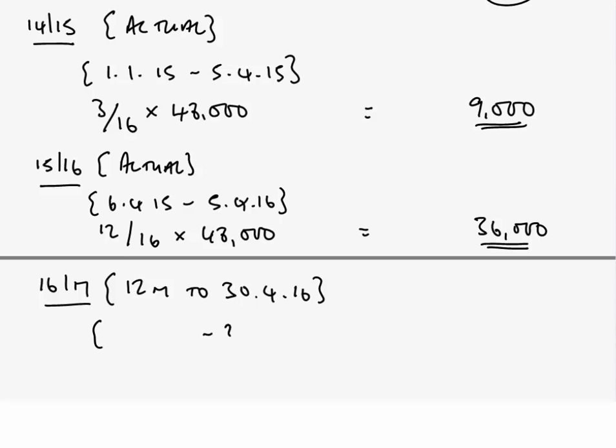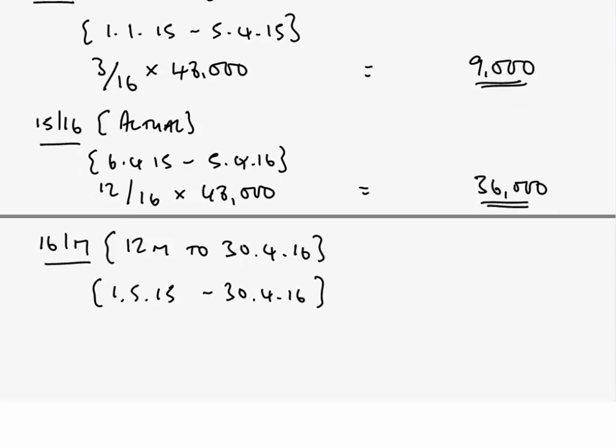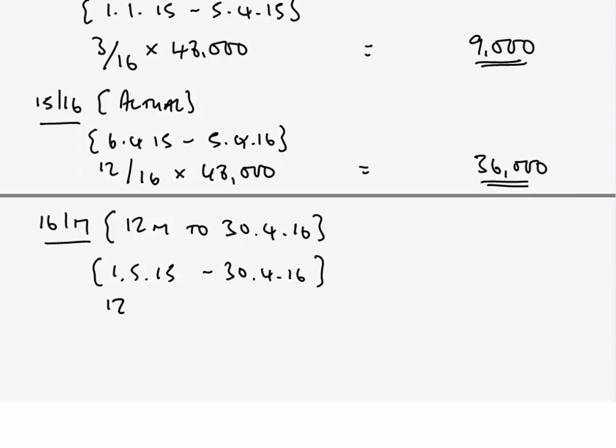What is that basis period? Well, we're going 12 months to 30th of April 16, so that would have begun on the 1st of May there, and that would be the 1st of May 15 through to the 30th of April 16. Now again, that is 12 months out of your long opening period of 16 months.